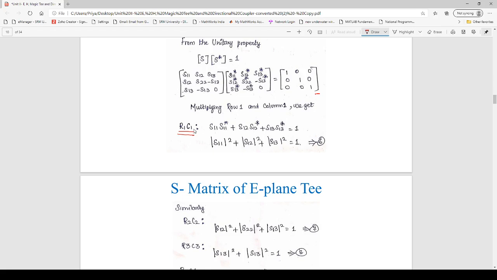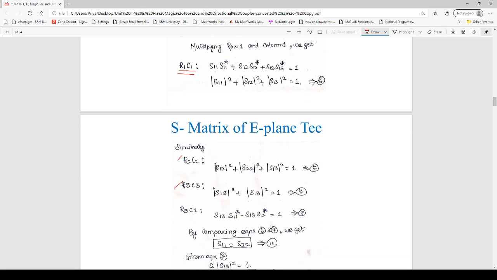So R1 C1 is S11 S11 star plus S12 S12 star plus S13 S13 star equal to 1. Same way I can do it for R2 C2 and R3 C3, and I should equate those to 1 because it is the same row and same column. And the sum of products for a different row and different column, I should equate it to 0. So here it is 0, not 1.